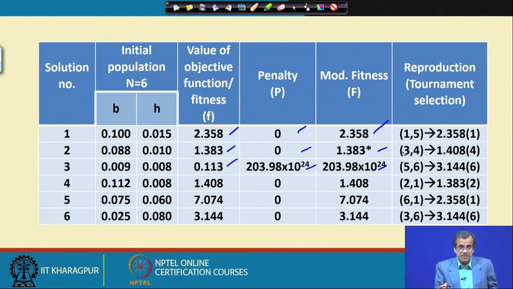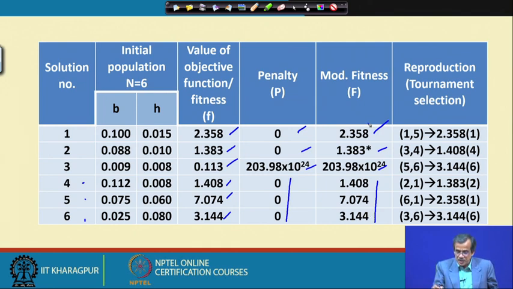Following the same principle, I can also calculate for the fourth, fifth and sixth what the value of the fitness and the penalty should be, and there is no violation. So all the penalty terms will be 0, and I will get the modified fitness.